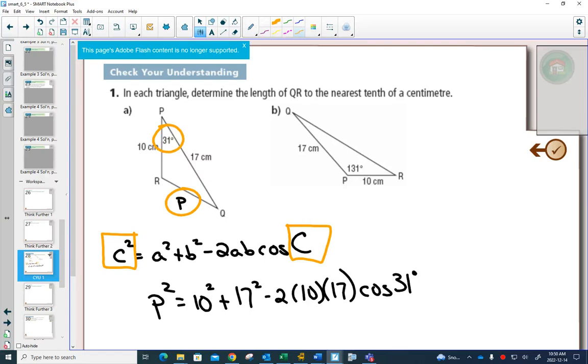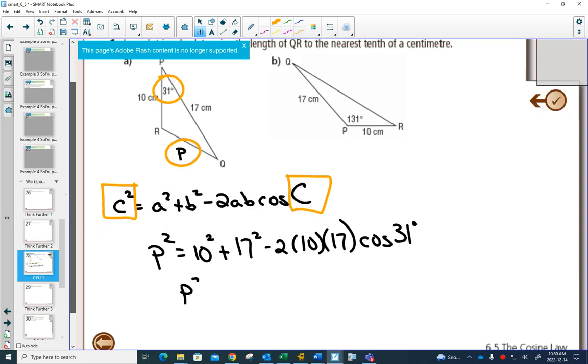Once you recognize that, we can type this whole thing into our calculator all at once, in one step. So I would go 10 squared plus 17 squared minus 2 times 10 times 17 times cos of 31. Put all of that in, and I would get p squared equals 97.56.